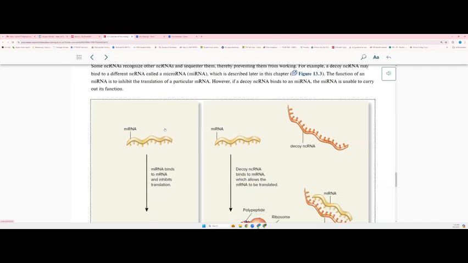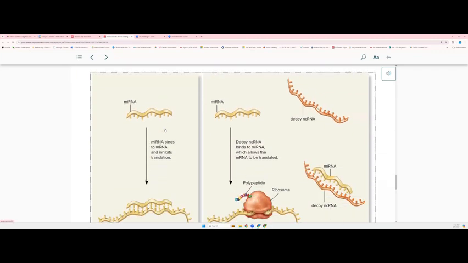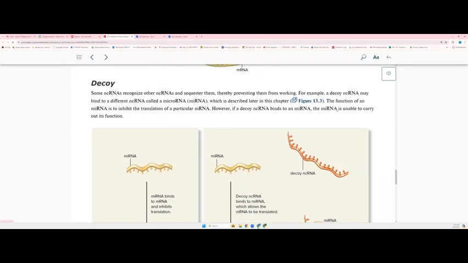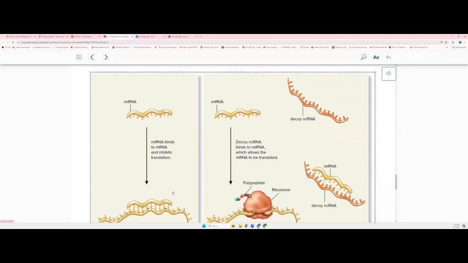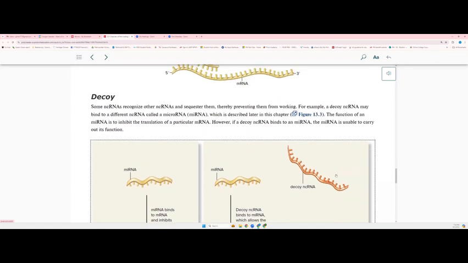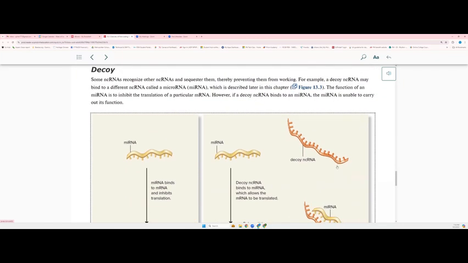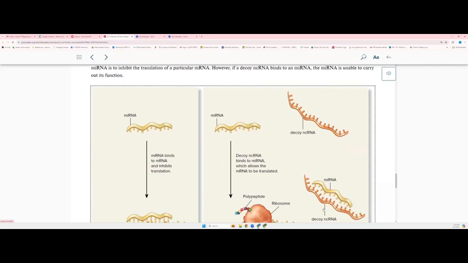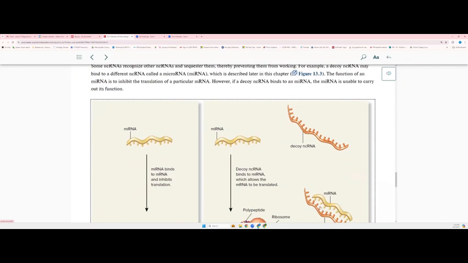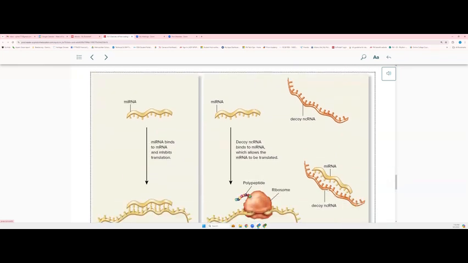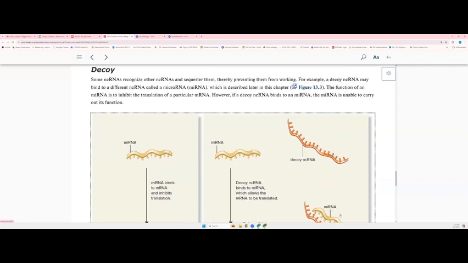For example, here, a decoy non-coding RNA may bind to this microRNA, and this kind of binding can inhibit the translation of this mRNA.